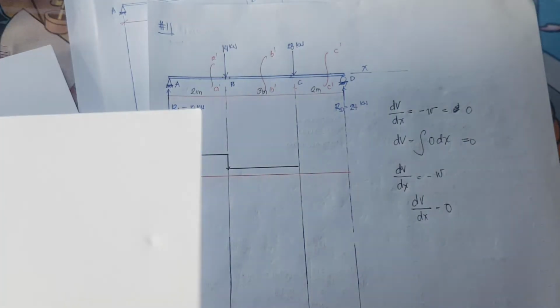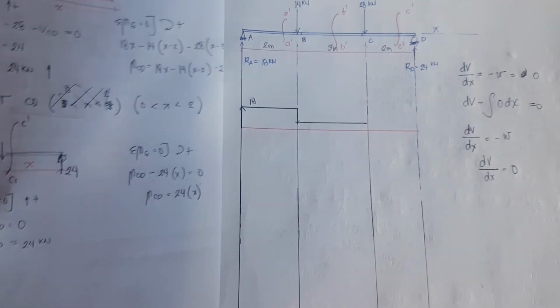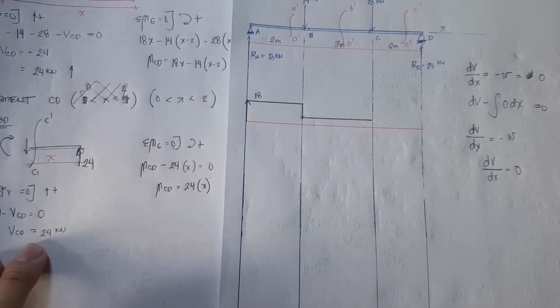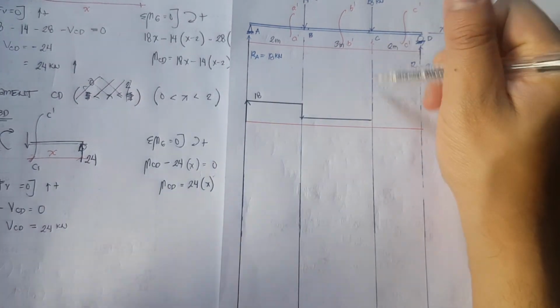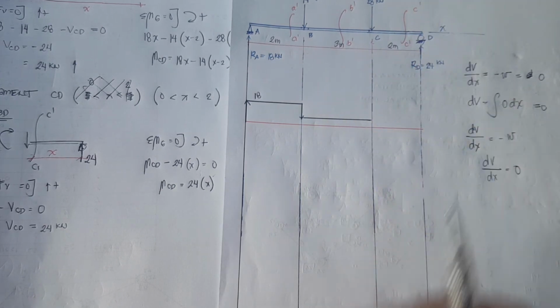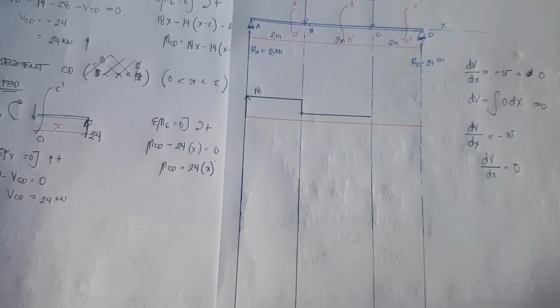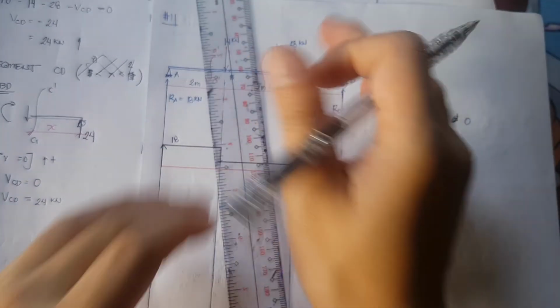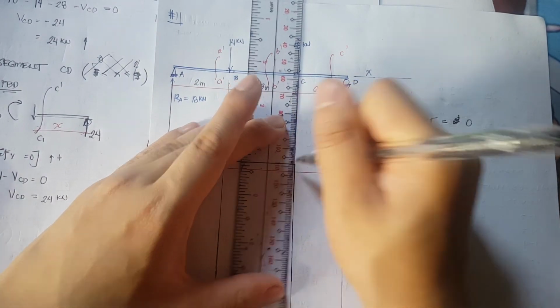So segment CD, we have 24 kilonewtons. But take note, we have a point load here of 28 kilonewtons. So we will be having a downward force. So the shear will be negative 24.